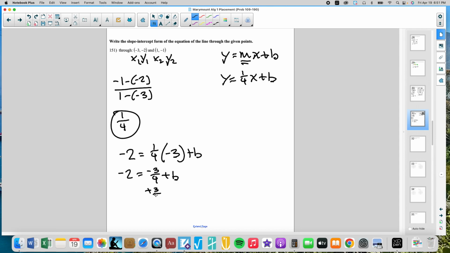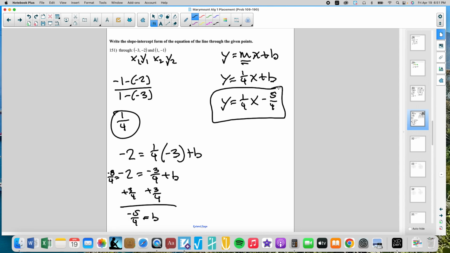We're going to add 3/4, add 3/4. Hopefully you're good with your fractions. That's -8/4, and -8 and +3 makes -5/4 equals my b. So I can finish that. That is 1/4 x minus 5/4, an equation in slope-intercept form.